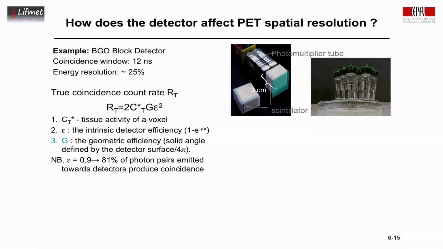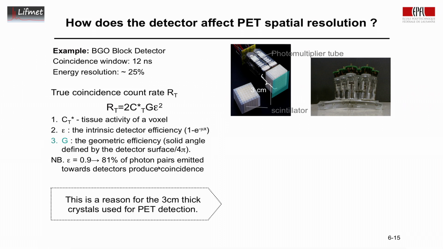So if each detector has an efficiency of 90%, then we have 81% of the photon pairs that are emitted towards the detectors that produce coincidence. And so this is a reason why we cannot use infinitely thin crystals. We have to use them fairly thick, and the typical dimension here is 3 centimeters.